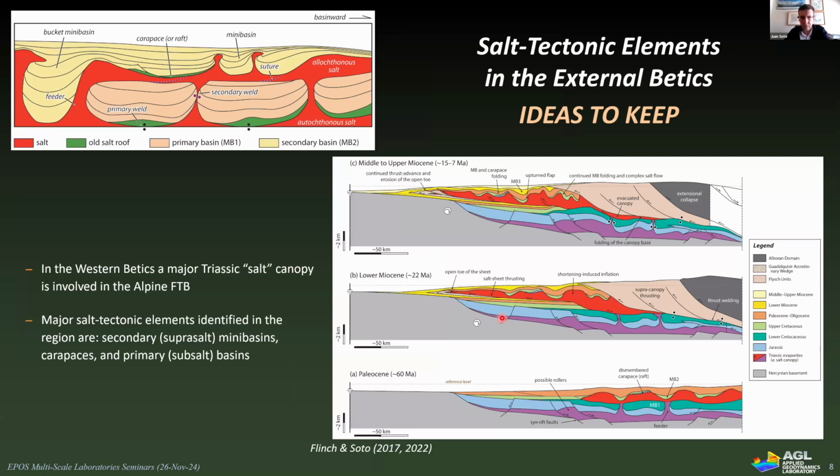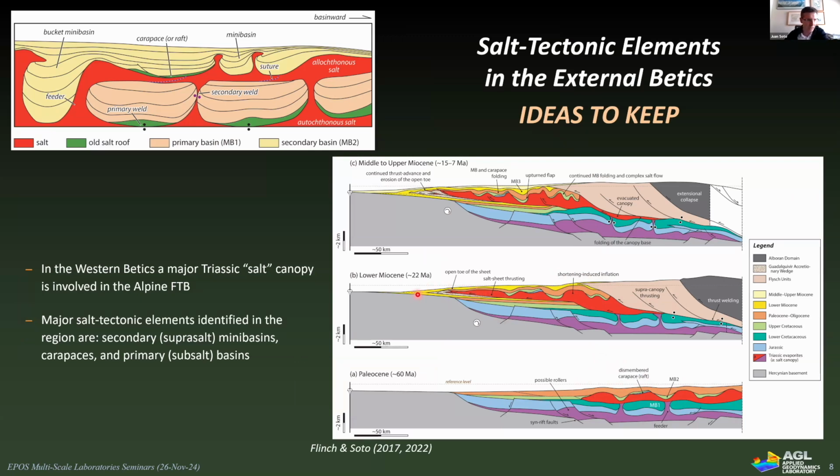So to really go to the main point here in the Western Betics, we have suggested the occurrence of a previous salt canopy in the continental margin of the Betics, and this salt canopy was inverted due to thrusting of the internal Betics, producing shortening, inflation, and overthrusting of the salt canopy toward the foreland basin.